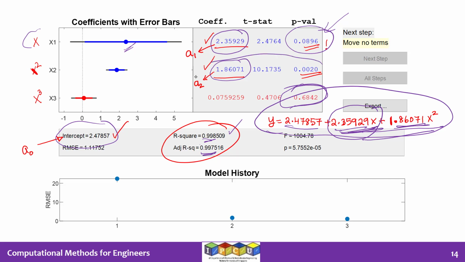This is a significant term in the model because its p-value is lesser than 0.05. So this p-value is not very much bigger compared to 0.05, but nevertheless it is bigger. So this A1x term is in a gray area. Those of you who have done a course on statistics will probably appreciate this p-value and stuff like that.